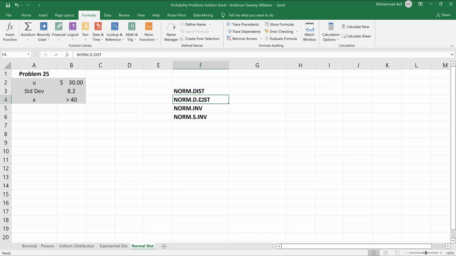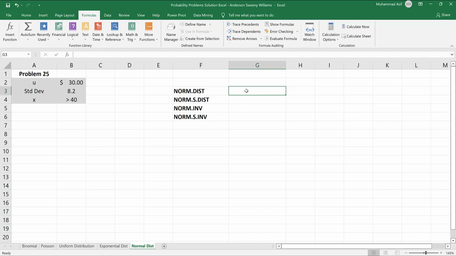If on the other hand you are given a z value and you only need to find probability, then we use this option, that's NORM.S.DIST. So in this case, our starting point will be z value. We will enter a z value and it will give a probability.